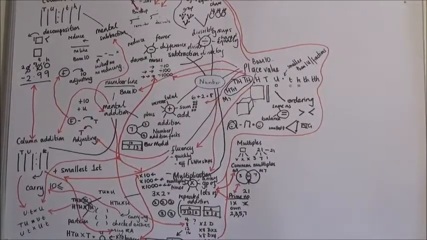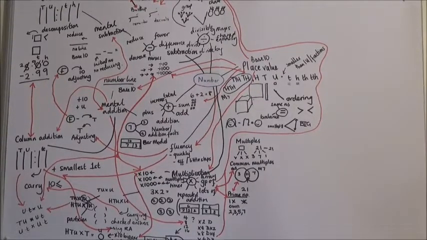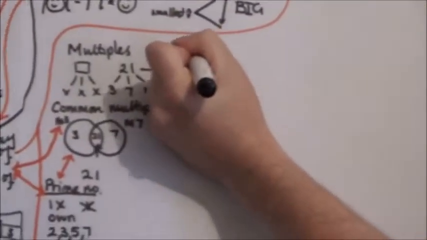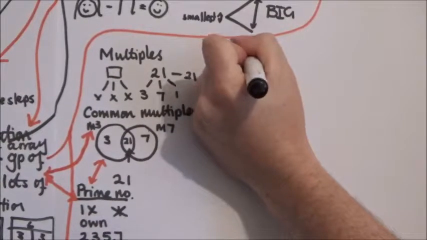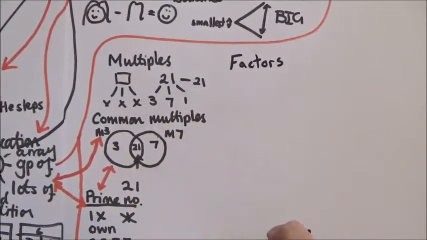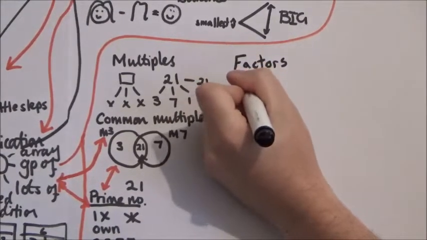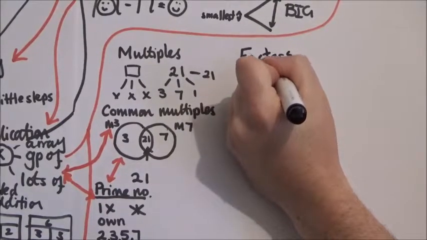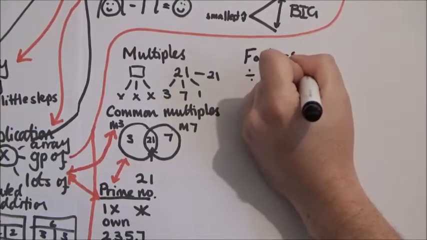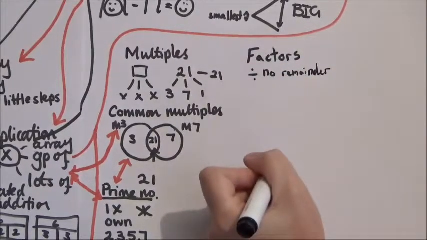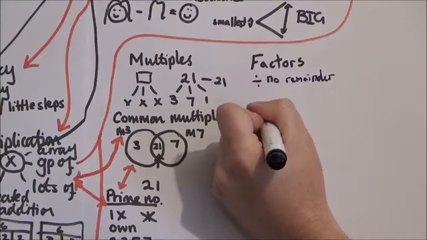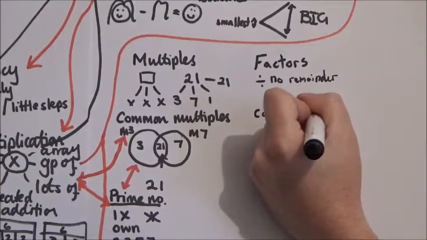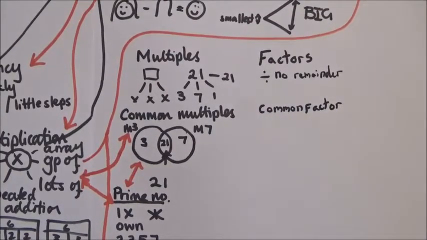Okay, let's put our newfound knowledge of factors onto our number mind map. So I'm going to add it here for ease by multiples. So we have our factors, and if you remember, our factors are something that's divisible, but with no remainder. And then with that, I could find a common factor, which are factors for two different numbers.